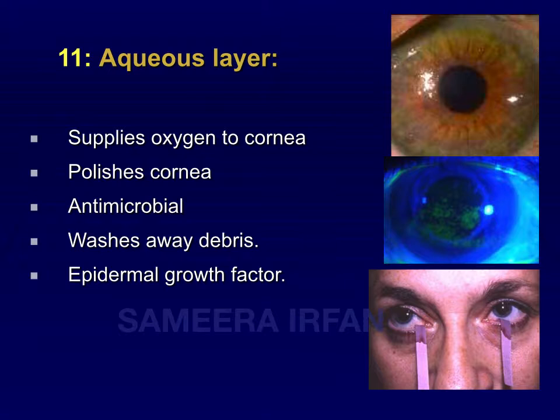The accessory lacrimal glands are responsible for a slow, continuous production of aqueous, which is called the basal secretion, and that occurs in response to impulses generated from the ocular surface as soon as a dry spot appears on the cornea. On the other hand, the main lacrimal gland outpours its secretion in huge amounts in response to strong reflex stimuli, as in crying, laughing, or eating a spicy food, or in response to emotions.